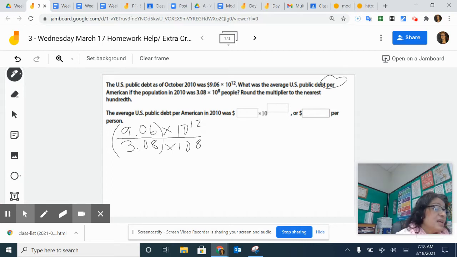So I was going to say 3, but that's the whole number. So let me see. I don't want to do it in my head, so I'm going to use the SBAC calculator.